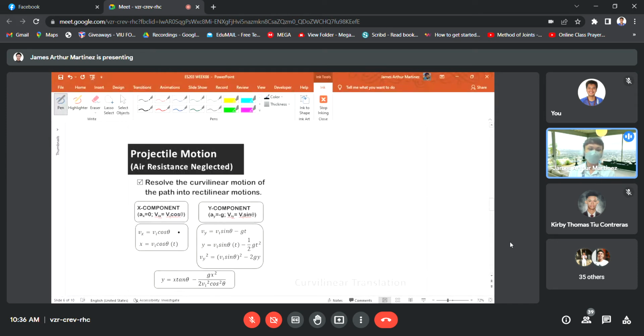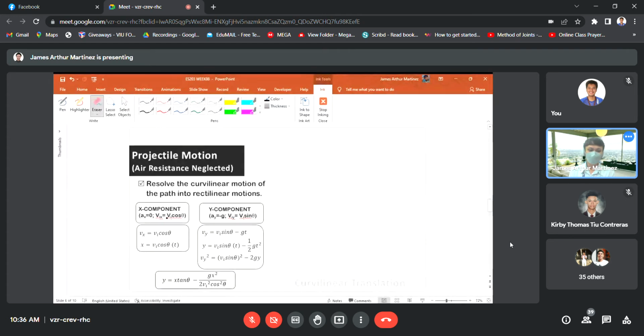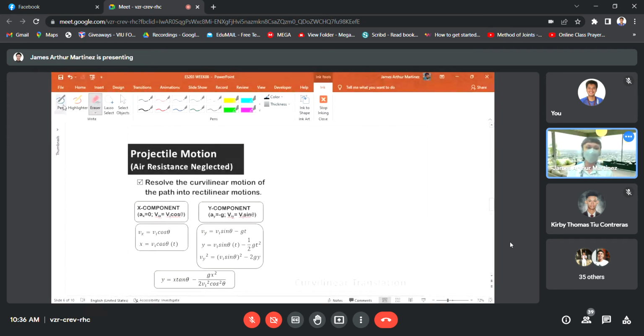Now, let us derive the equations for projectile motion. Where do they come from? First, we need the basis. Notice that your acceleration in the x component is equal to 0, meaning it is constant, class.